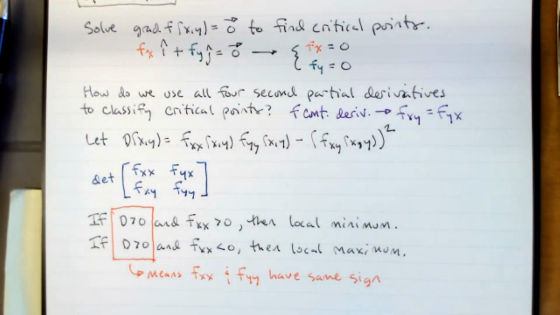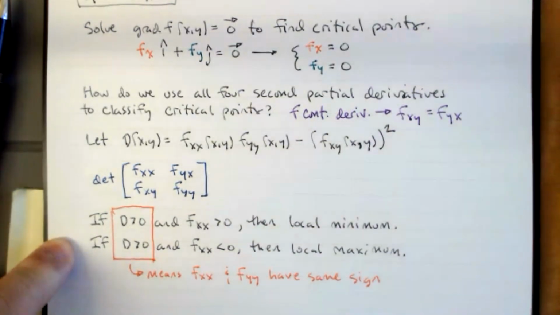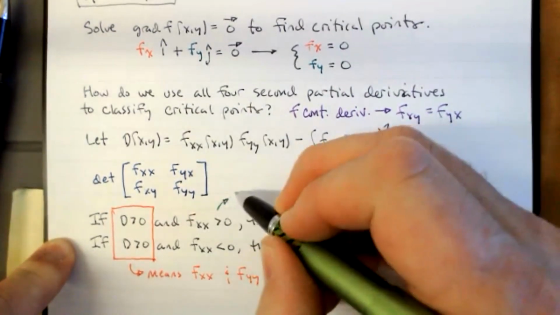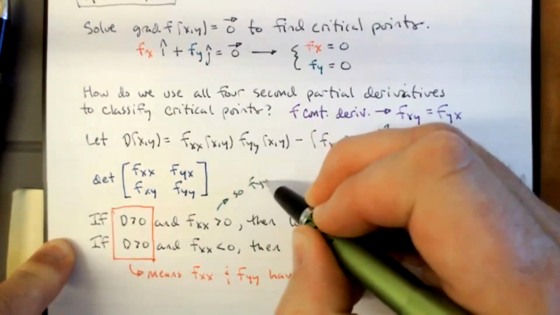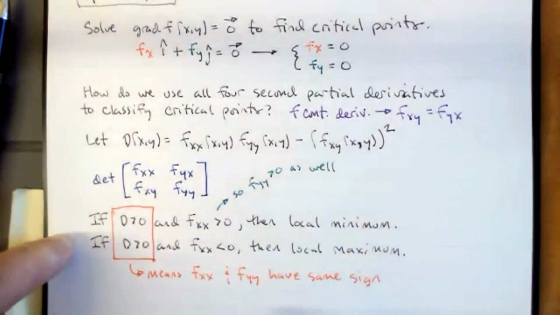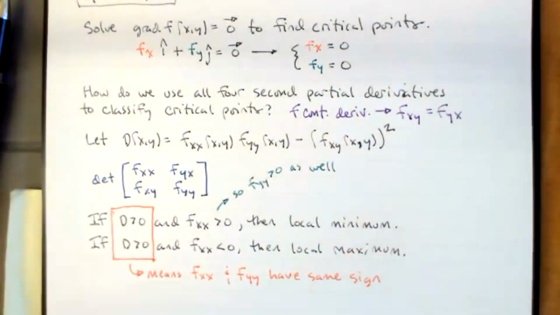That's why I only have to look at fxx, not fxx and fyy. If D is positive and fxx is positive, since D is positive, we know that fyy is also positive. That's why we only have to list one. So if D is positive, then fxx is positive. This also means fyy is positive as well, because fxx and fyy have the same sign when D is positive.